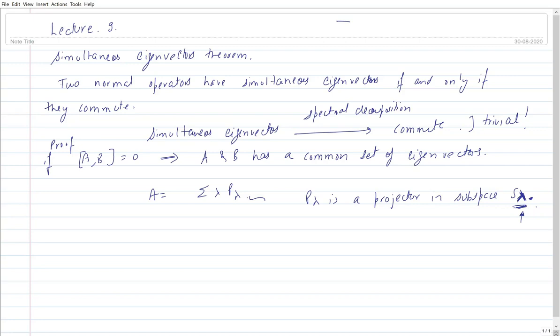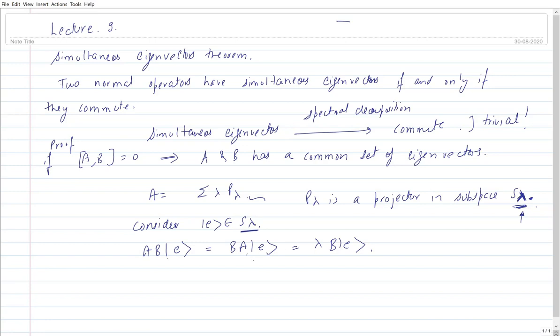Now what's the deal? Consider a vector in one of these subspaces, and compute this. Since A and B commute, this is equal to this, since this was an eigen subspace with the eigenvalue lambda.